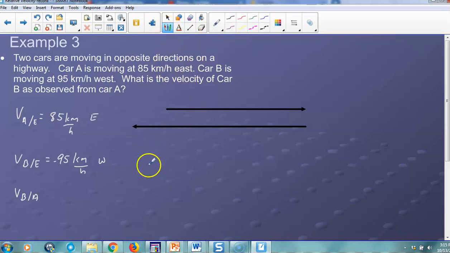To help us decide what we're going to do with our vectors, we can use our notation system to say that the velocity of B relative to A is going to have to be velocity of B relative to Earth plus the velocity of Earth relative to A, so that these are canceling.